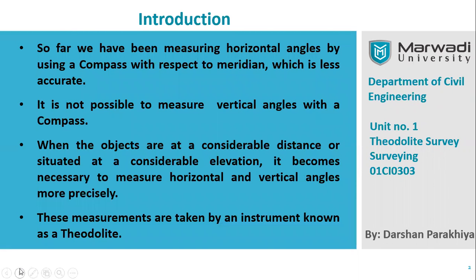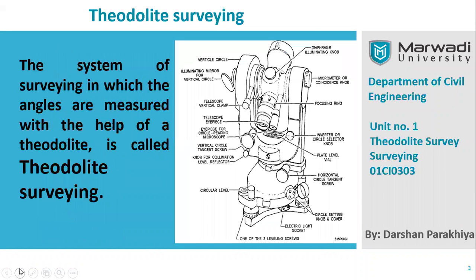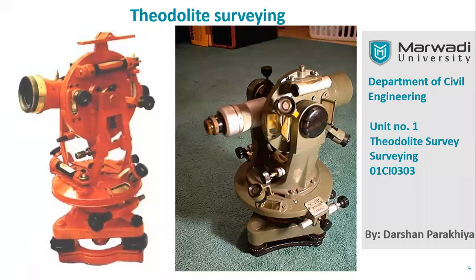There are many instruments; if you have seen in the EC, there is a compass and there are many dumpy levels. In the introduction, the first instrument that we will see is the theodolite. The theodolite is an instrument by which we can calculate the horizontal angle as well as the vertical angle.